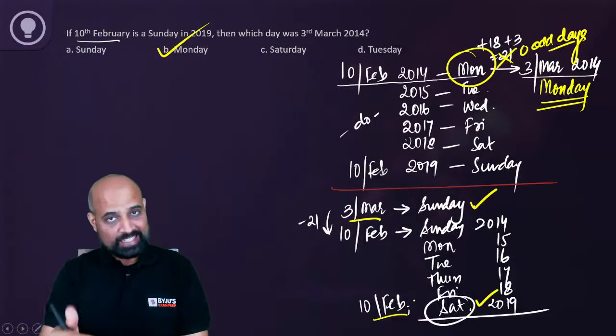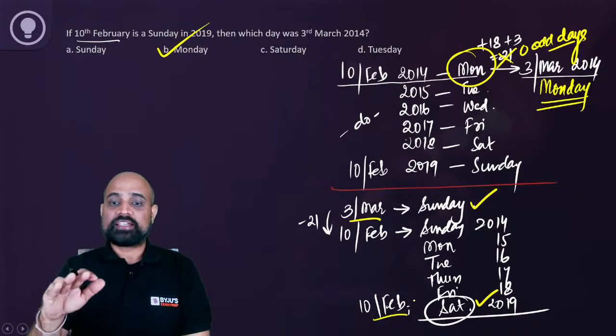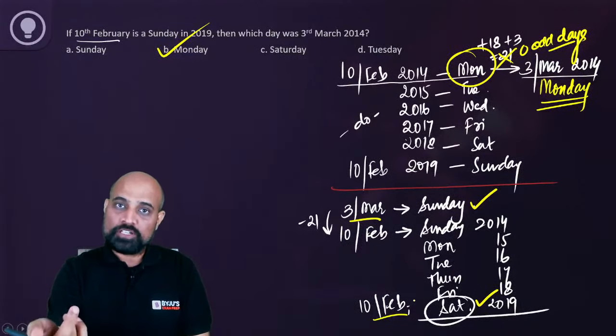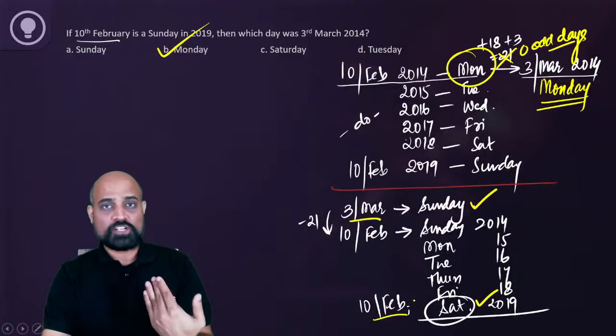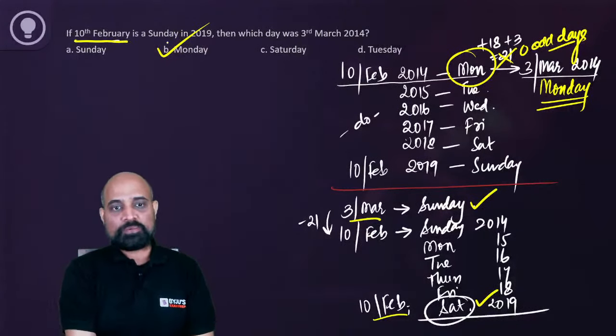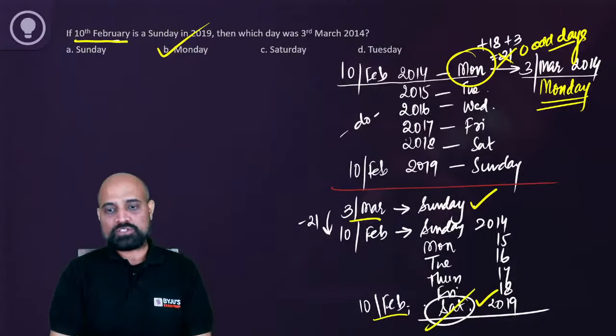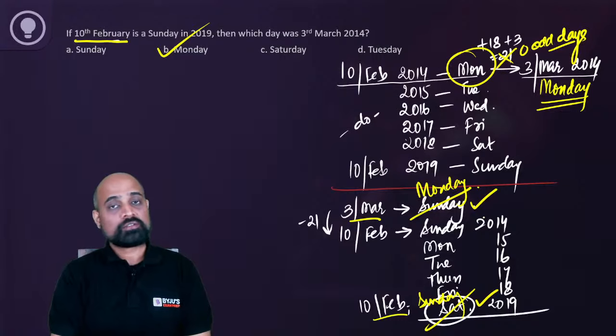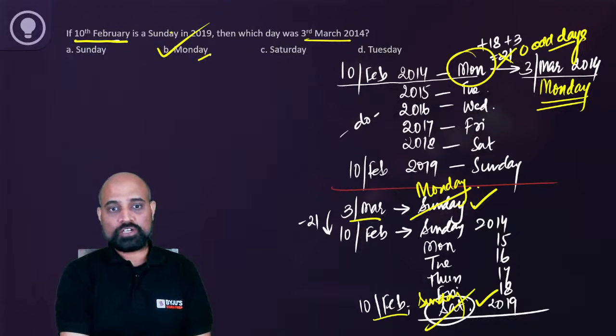And if you are taking 10th February as the reference point, then 3rd March is going to be 1 day ahead of it. Using that referential logic, you can say कि 10th February अगर Sunday है, मतलब अगर मैंने इसको Sunday कर दिया 10th February 2019 को, तो ये Sunday Monday हो जाना चाहिए. Because it's a cycle. It's all referential. So if this is Sunday, the 3rd March 2014 is going to be Monday.